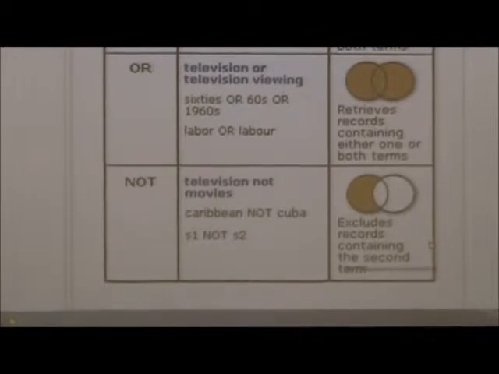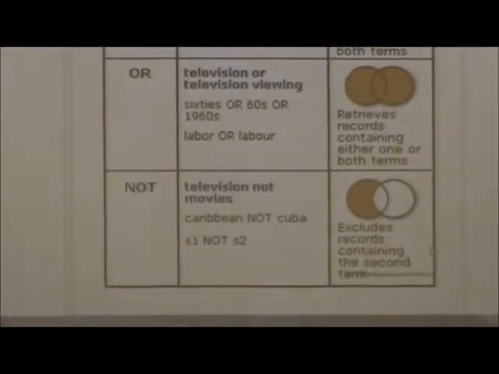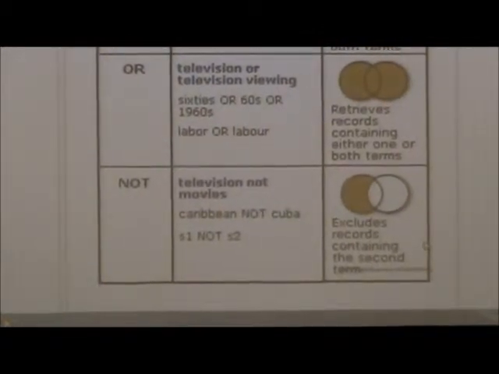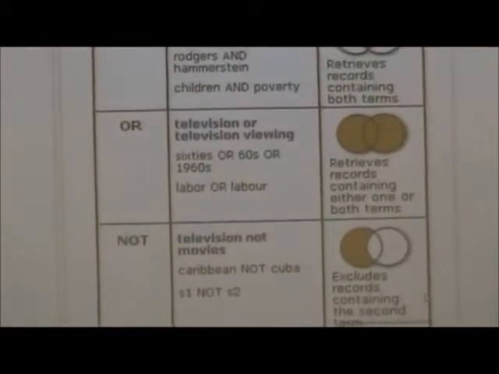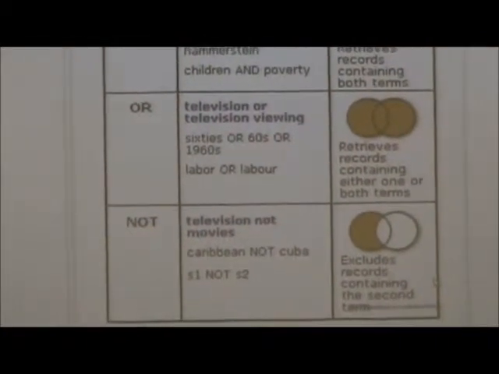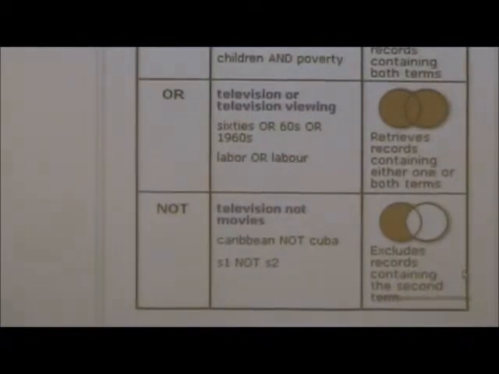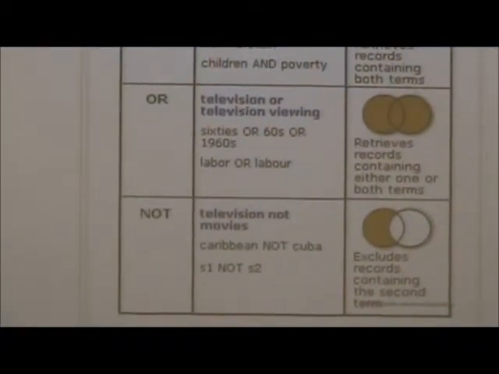You can say not coffee or not Indonesia, so that you are only getting the things that are about the Java programming language. I don't frequently use not, but it is available to use.